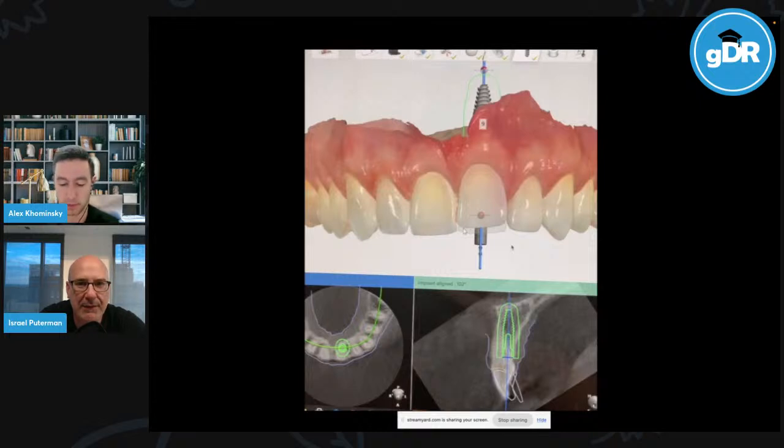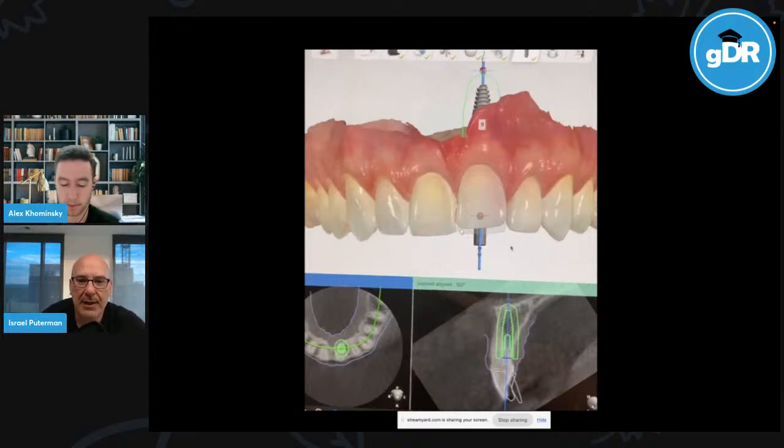If I'm looking for a technique to best support that labial root, then PET, partial extraction therapy, or the socket shield technique is really the best tool that I have that will allow me to maintain that contour.